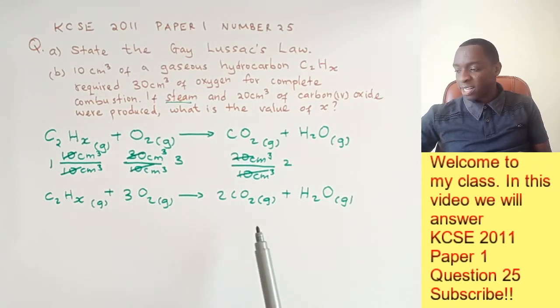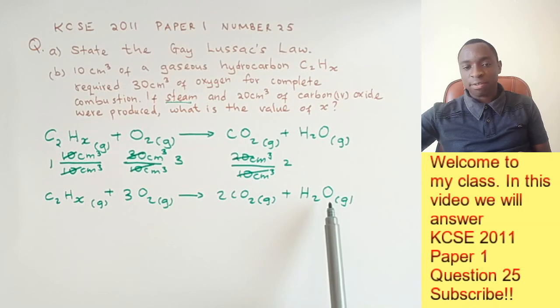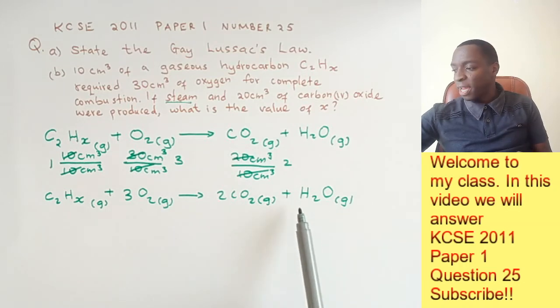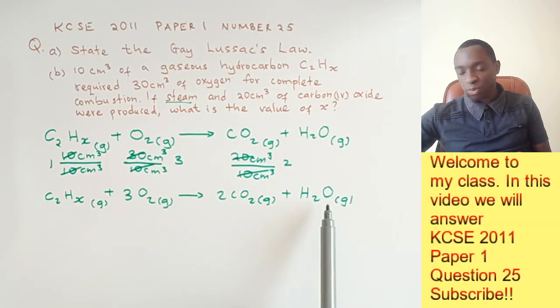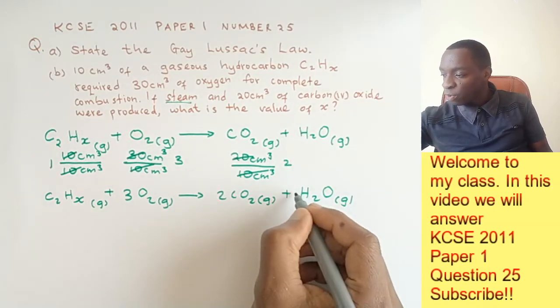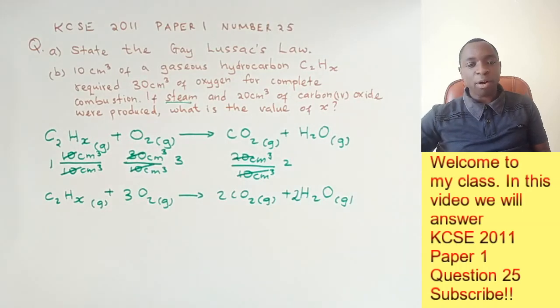But on the product side, which is the right hand side, we have 2 times 2, which is 4, plus 1, which is 5. So they are not yet balanced. For this kind of reaction to take place, we have to balance the number of oxygens. And that can be done by adding a 2 before the steam in order to make it 4 plus 2. So if we added a 2 right here, then the number of oxygen has balanced.